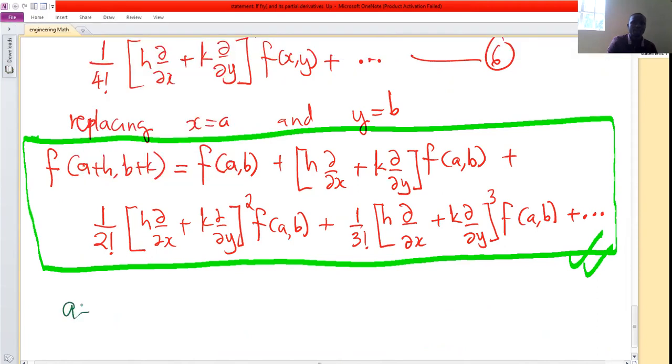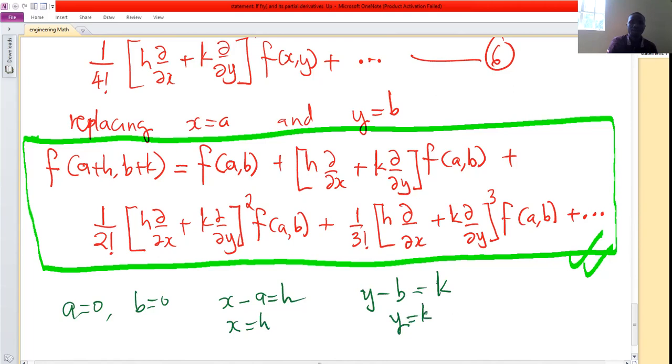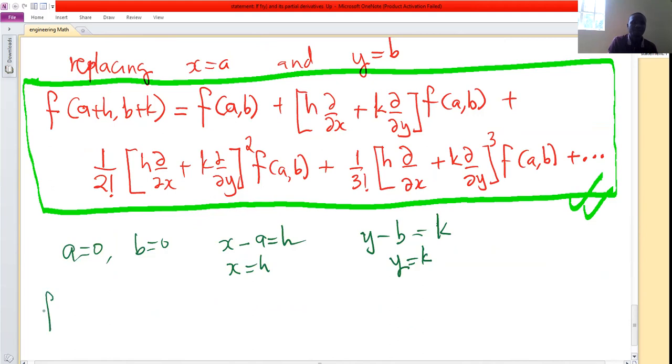When you replace A with 0 and B with 0, remember the proof ends at this point, then it means that because x minus A is h and y minus B is k, we have x equals h and y equals k. So the formula becomes f of x, comma y. Because remember, this will be 0, this h is the same as x, this will be 0, this will be k, which is the same as y.